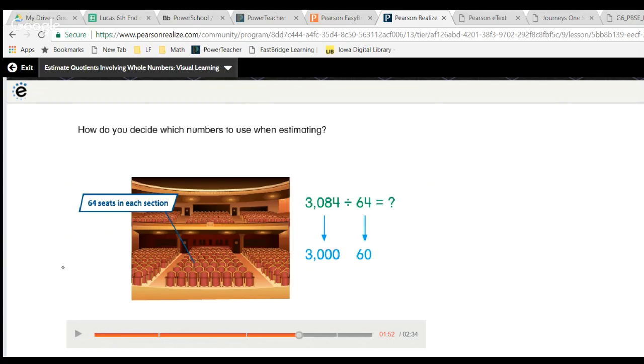I would go through and say 6, 12, 18, 24, and when I hit something near 30, I would hit 30 even, right? So I would go 3,000.